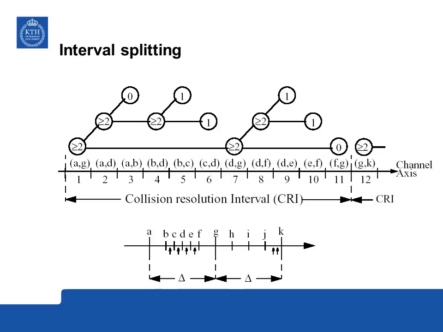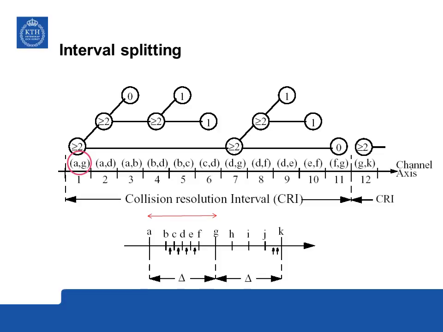So this is how it works. We have a first transmission, and in this interval, all the packets arriving in time between time instances A to G will be transmitting in the first slot. And in this particular example, we have a collision.